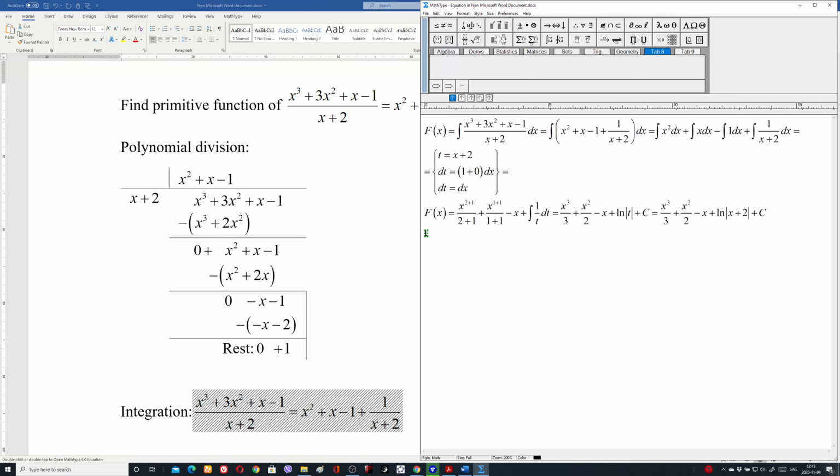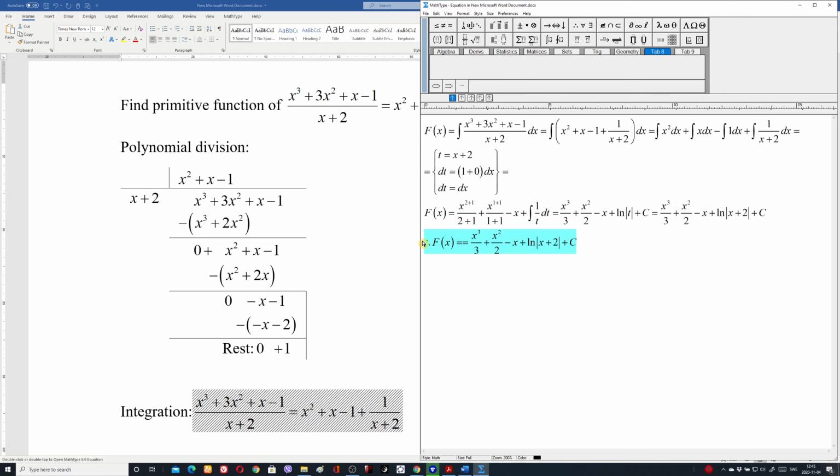So the result of this calculation, the primitive function for this polynomial fraction, is this one. So let me copy this one again here, and I will write f of x, which they call this one.